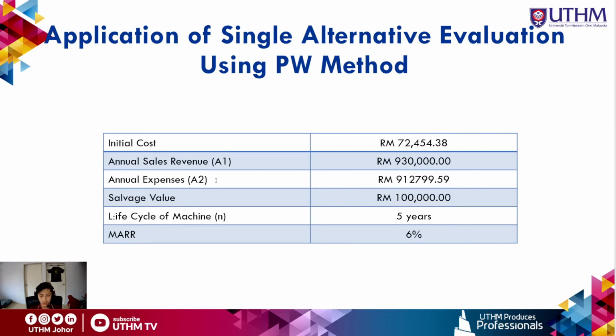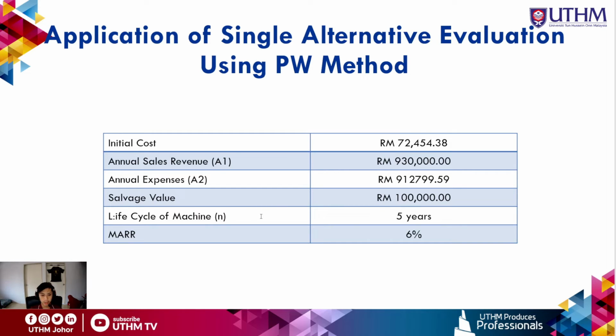A2 is the fixed cost per month that we need to pay, such as utilities and so on, plus the loan that we need to pay per month. So the value is around 912,799.59. The salvage value is assumed to be 100,000 ringgit.